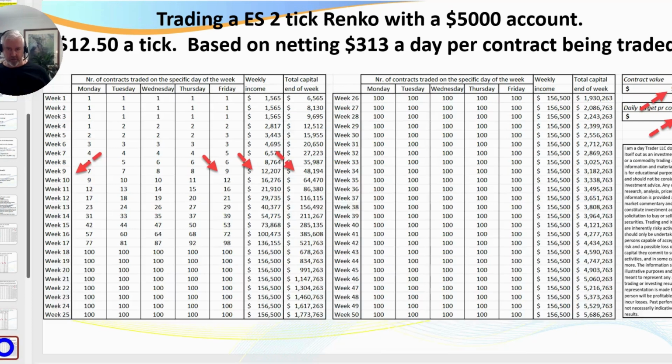Now the other option, and there is another option for experienced traders, is rather than trading with a 10-tick stop, you can get away quite comfortably with experience with an 8-tick stop, which means you only need $5,000 and you can be there, save yourself 2 or 3 weeks.